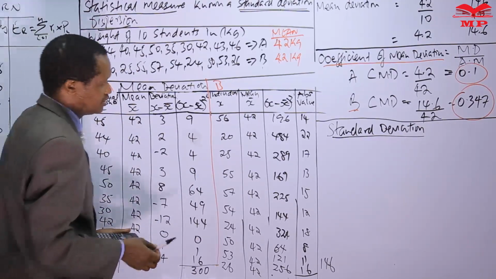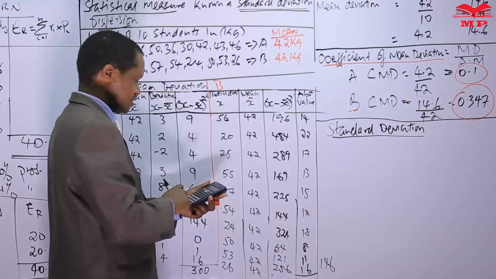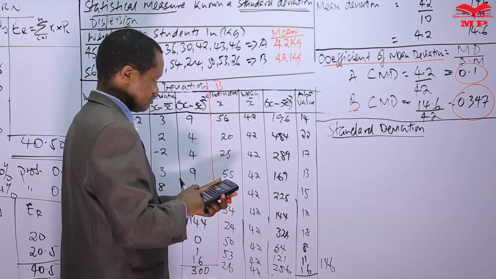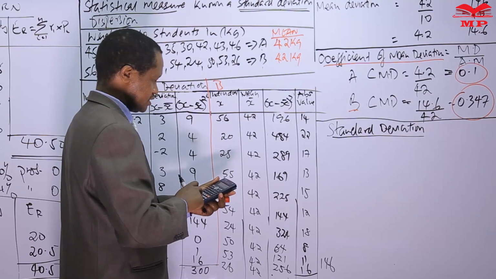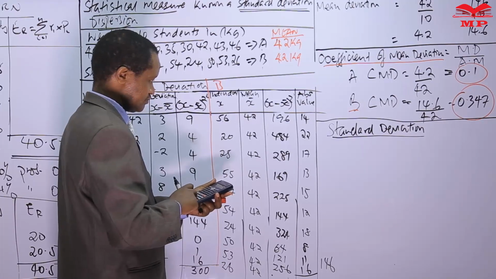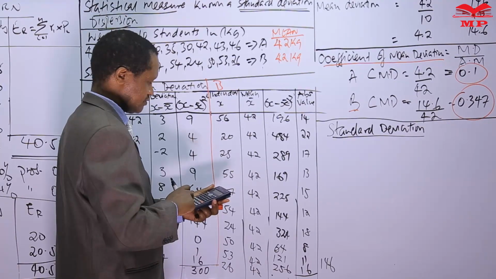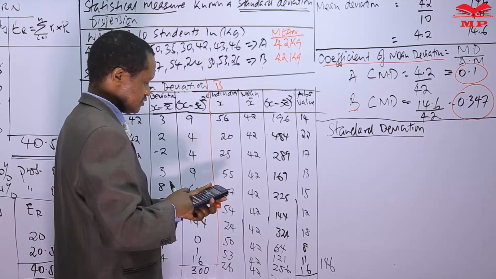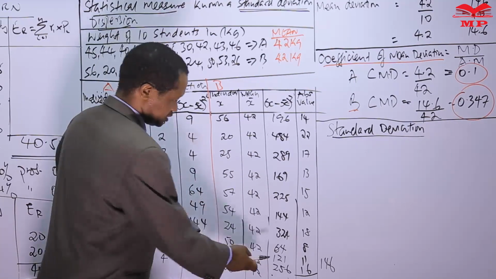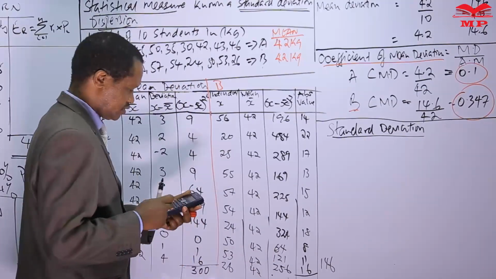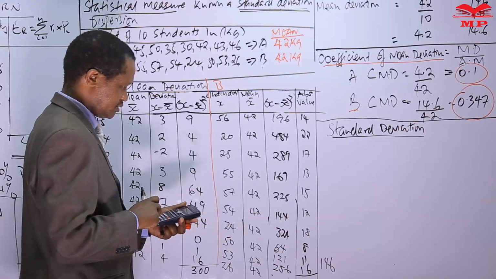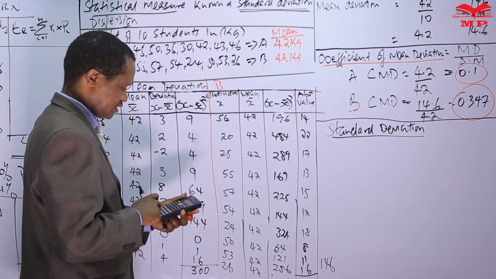For class B, we add the 196 plus 484 plus 289 plus 169 plus 225 plus 144 plus 324 plus 64 plus 121 plus 256.